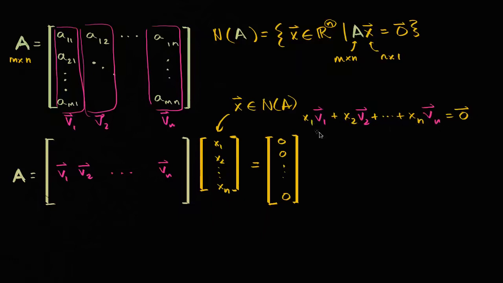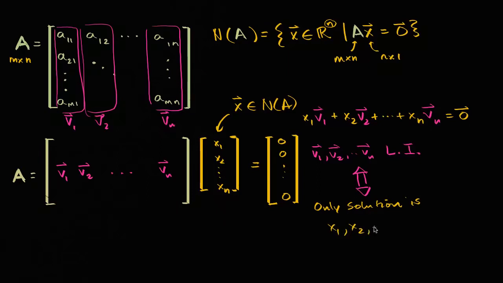So let me write this down. v sub 1, v sub 2, all the way to v sub n are linearly independent if and only if the only solution, or you could say weights on these vectors, to this equation is x1, x2, all the way to xn equal to 0.